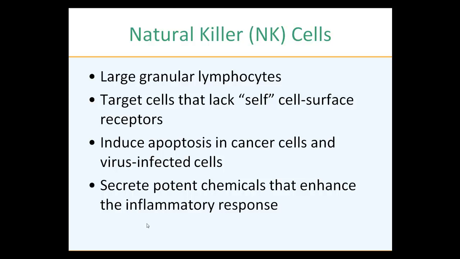Now, the natural killer cells are not phagocytic cells, but they will either destroy the cells by contact, where they put a hole in the cell and inject enzymes that will destroy the cell from within and induce apoptosis, or the natural killer cells will also secrete some chemicals that are capable of killing the cells in their vicinity.